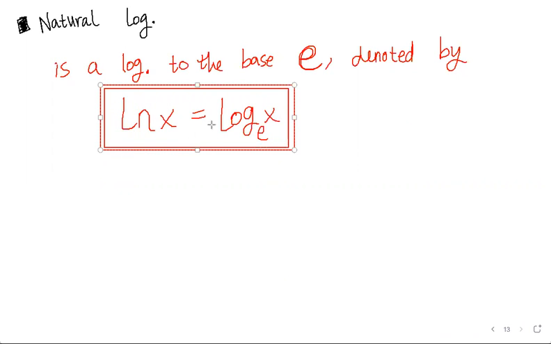Ln of x is equal to log x to the base e. Now we have to know another thing. Since it has an inverse, if ln of x equals y, this means e to the y equals x.